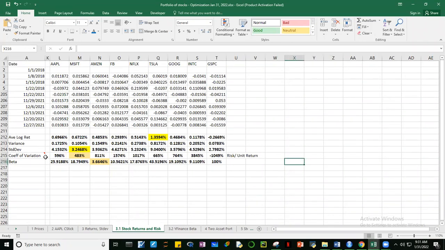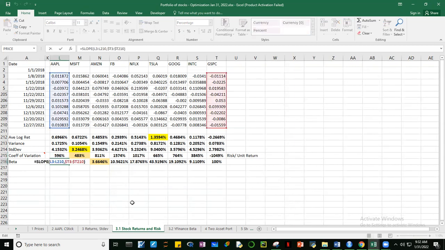Then we formalized our computation. We averaged the returns for Apple up to GSPC, computed the variance of the return, and then the standard deviation. We also learned how to compute the coefficient of variation and then the beta, which is simply how sensitive the stock is relative to the market.